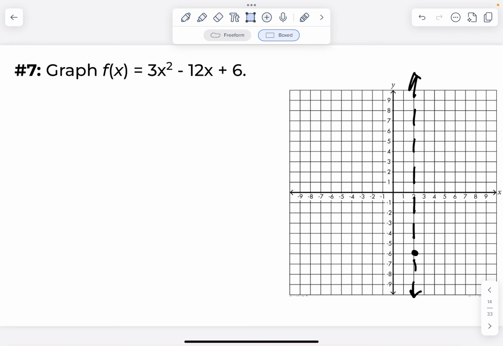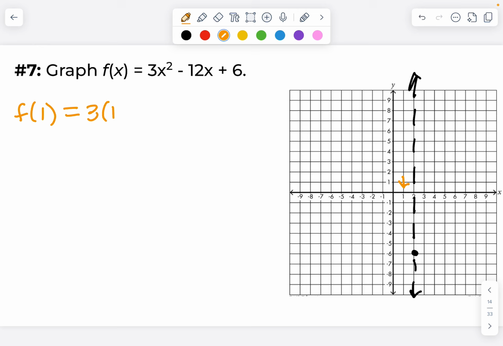Okay. So again, same idea, same process. I'm going to go 1 to the left or right of my vertex, and again, I'm going for the smaller number, so I'm going to find f of 1. If I plug in 1 for x and simplify that, I get y is equal to negative 3.